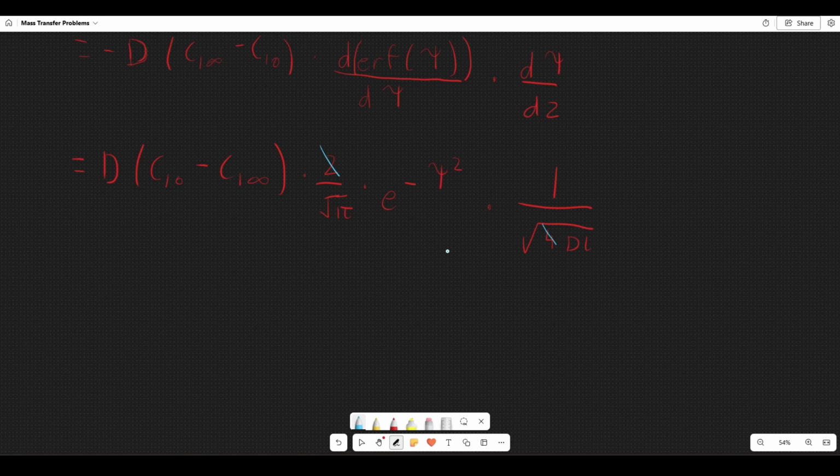And basically what you get is that J equals the square root of D over pi t, times e to the minus z squared divided by 4Dt, times c1 naught minus c1 infinity. So this is your flux now.